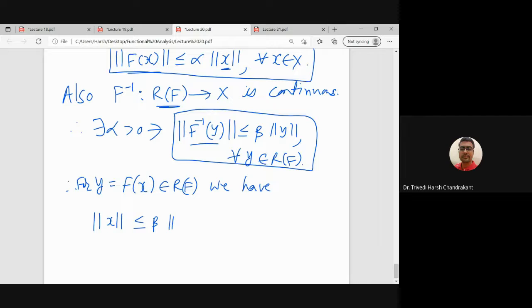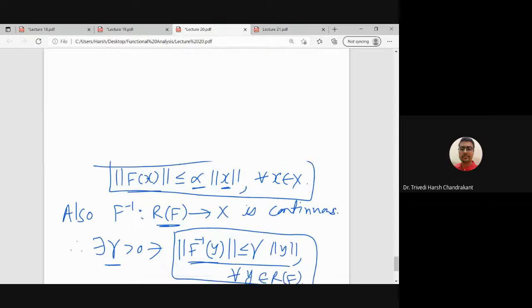What is y? y is f of x. Here we need to write gamma instead, so let us consider this another number, gamma. Like here alpha exists, here gamma exists, which satisfies this property, and by substituting y equals fx we got this equation.